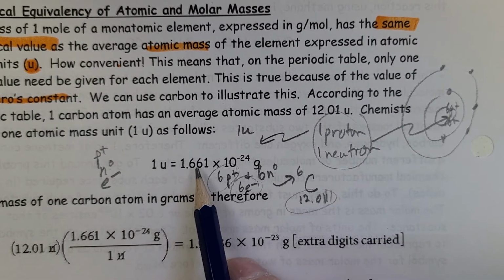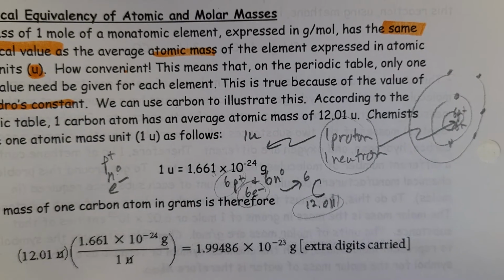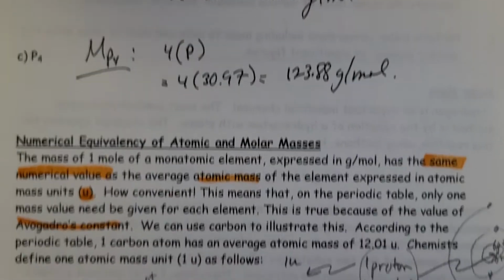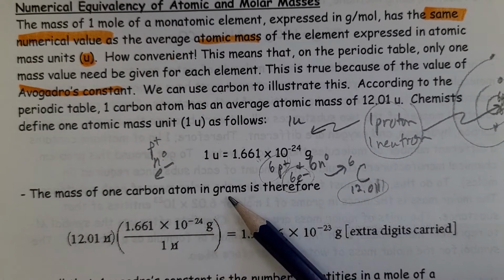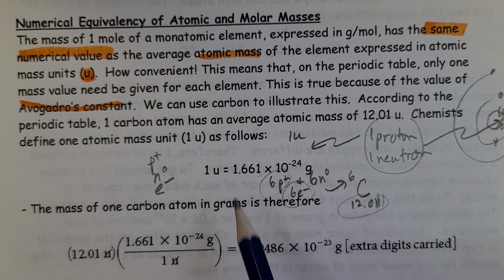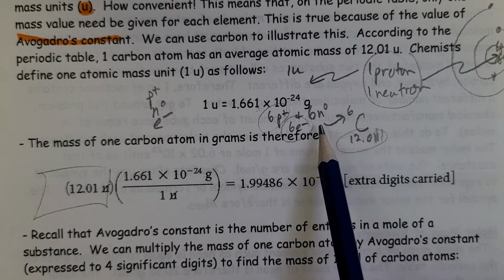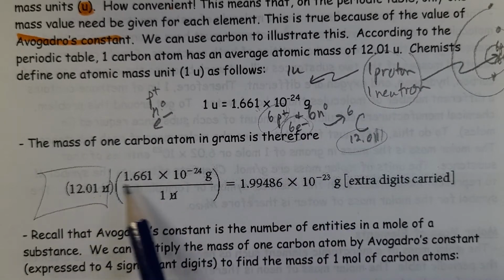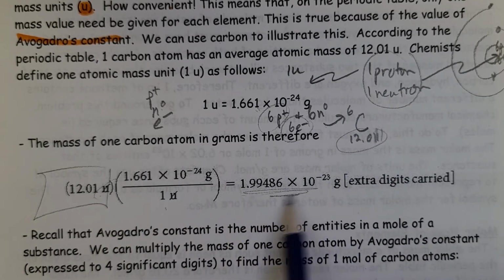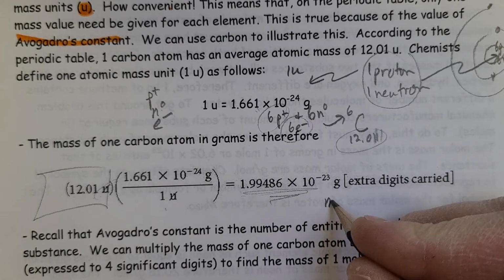So if 1 unit represents this many grams, which has been experimentally determined, starting off with the charge to mass experiment, then our carbon, which has 6 protons and 6 neutrons, if I multiply that out, I get this many grams. So that's the mass of 1 atom.